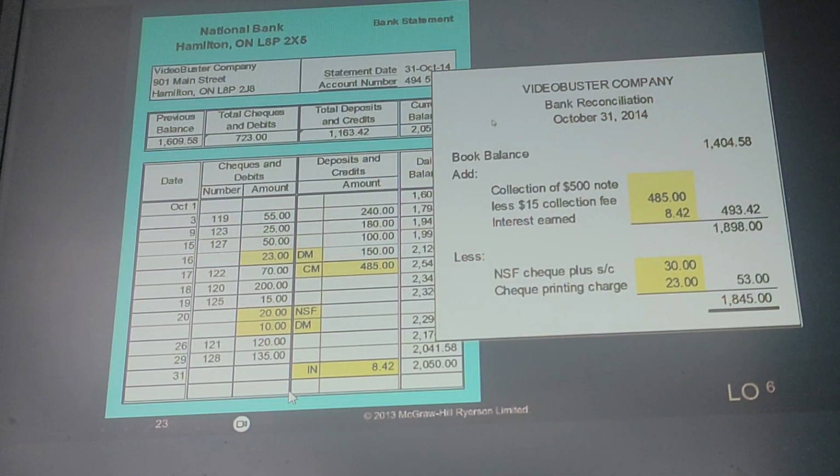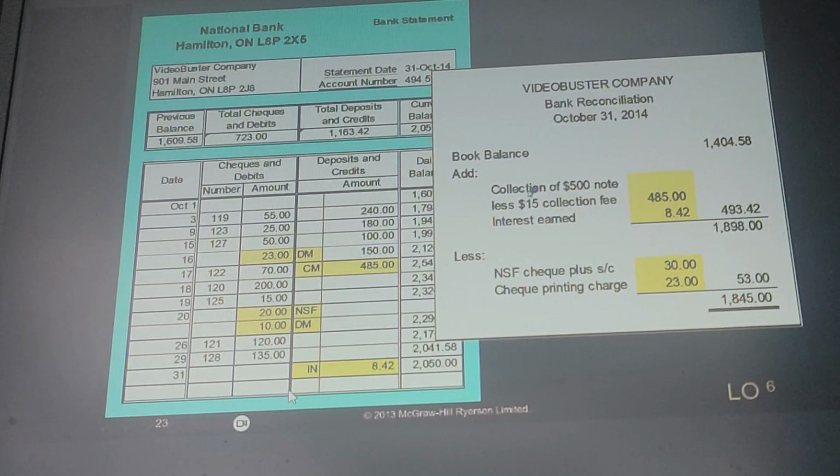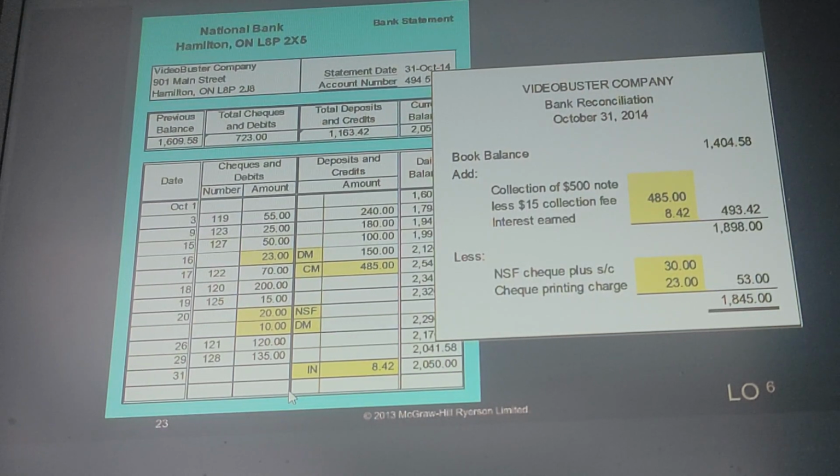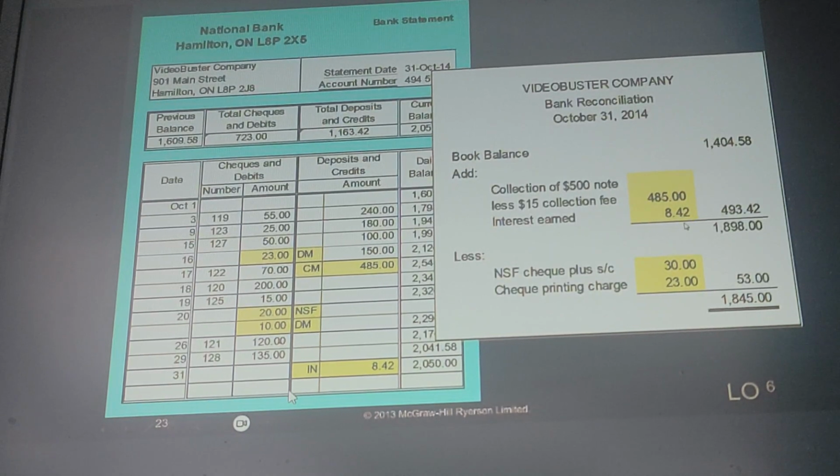So when I look here at the book side balance, we add any collection the bank did for me. Okay, so the bank collected a note for me of this much. He charged me for collecting it, so it became 485. Interest, I made an interest, $8.42.